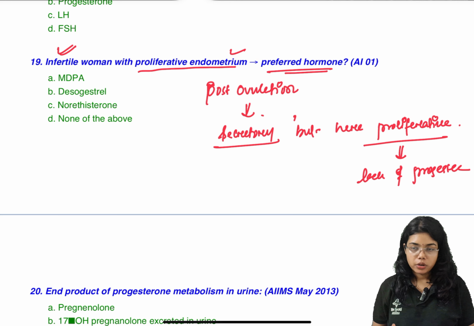We will give progesterone. This one is medroxyprogesterone acetate, MPA. Desogestrel and norethisterone are also progestogens. But what is the progesterone drug of choice?